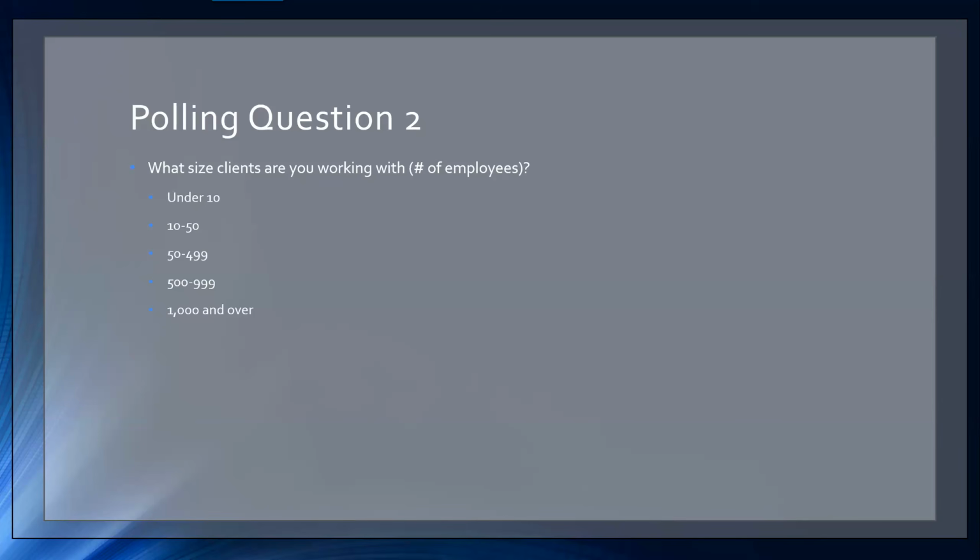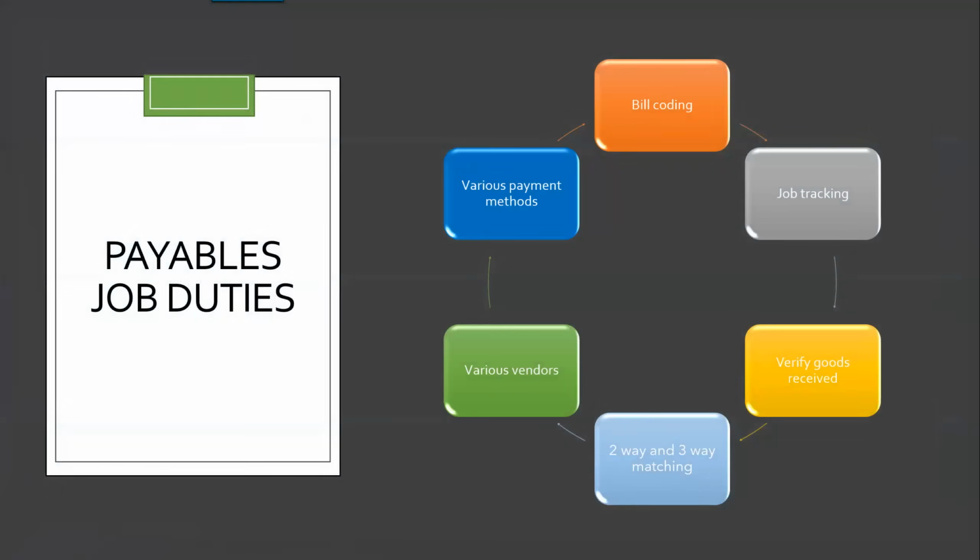So that gives us kind of an idea of who's joined us today. So a lot of you that have the under 10, this is going to be really nice to introduce some automation just so that you can handle more volume. And then that 10 to 50 and that 50 to 500, that's where the rest of you pretty much lied. And so being able to have a system to be able to handle the accounts payable will just help to reduce the amount of time spent on these tasks and have some clarity of what's happening.